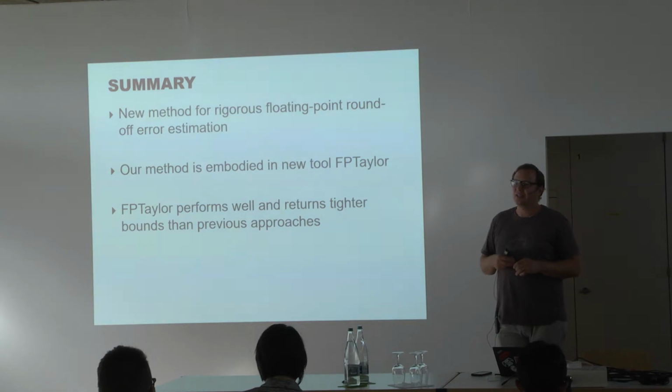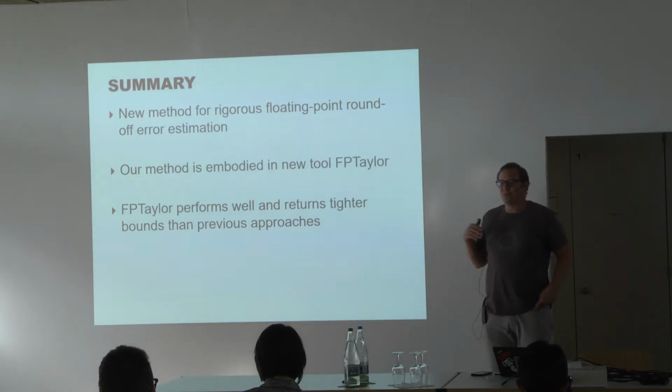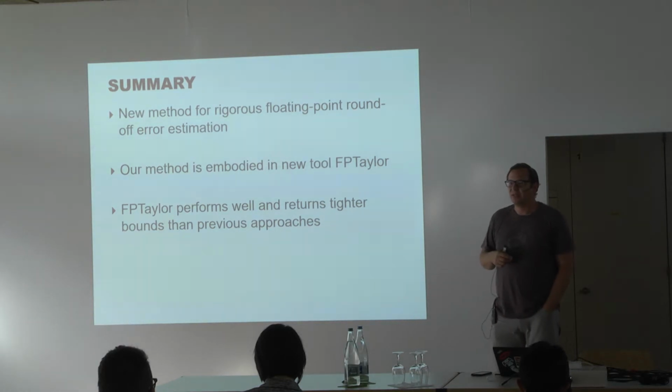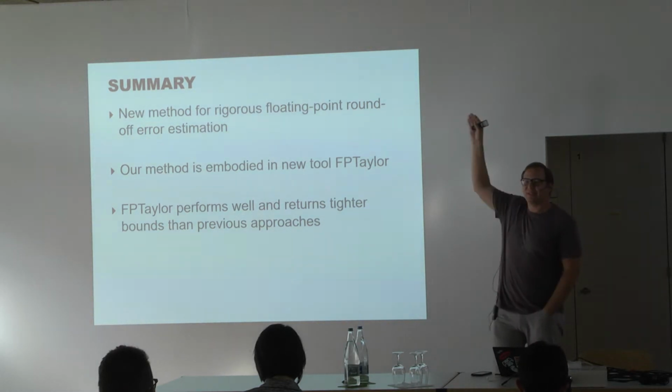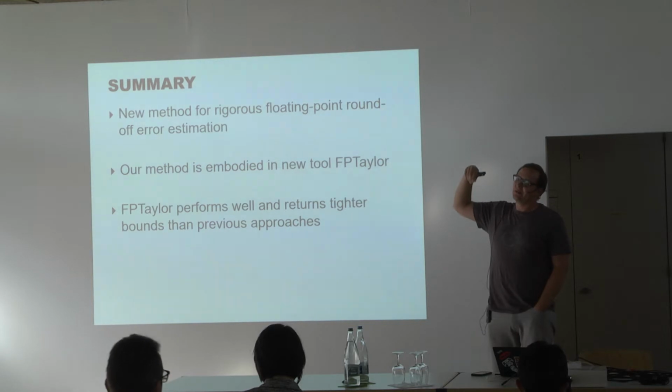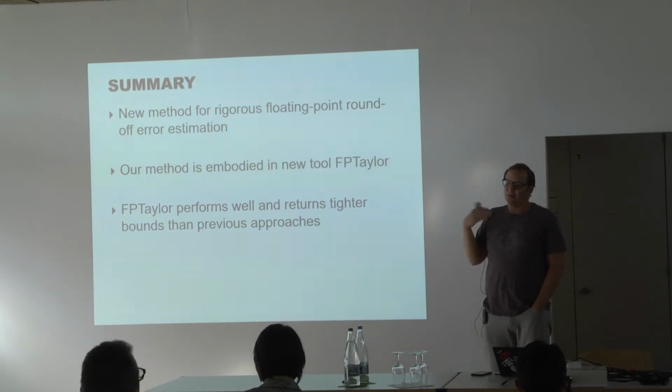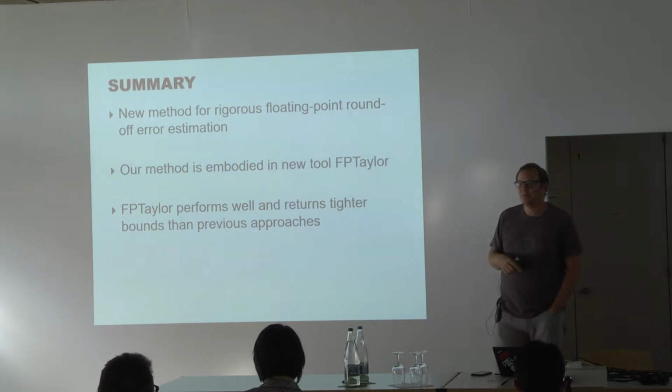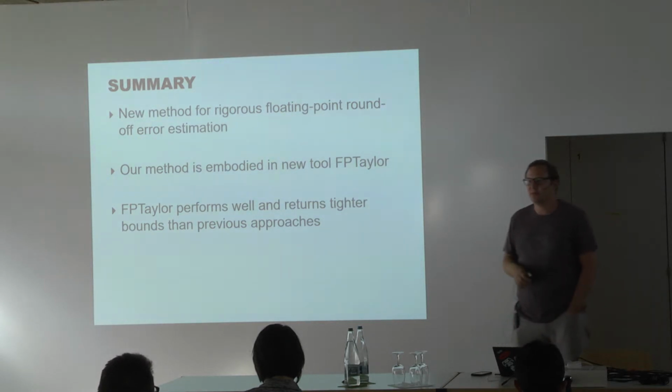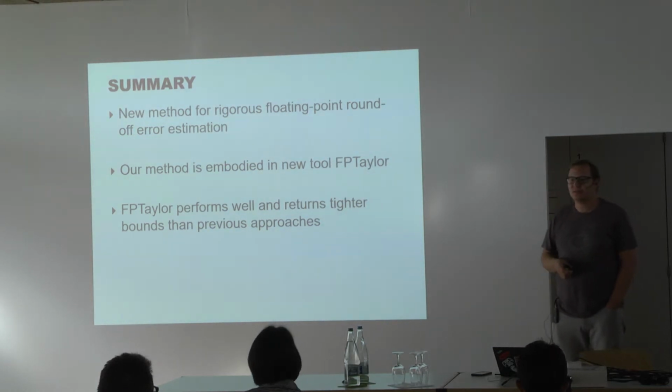The other thing is, as you make your input intervals larger and larger, usually we hit one of these corner cases that leads to really big errors. So you will hit one of these spikes. We will still over-approximate it pretty well, but you'll just get really large error. So that's the problem. Good question, though. Any other questions?